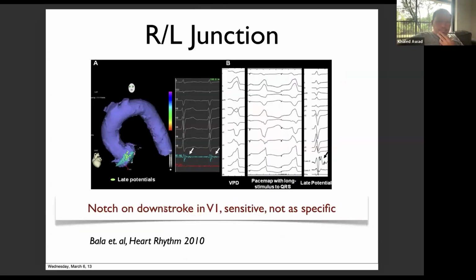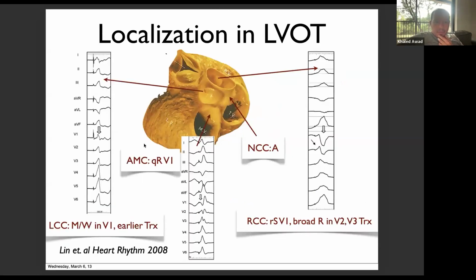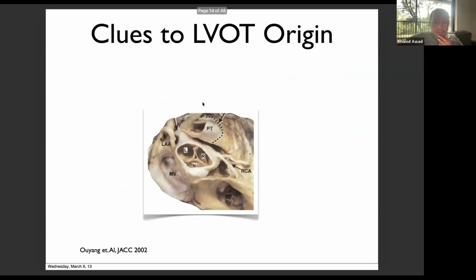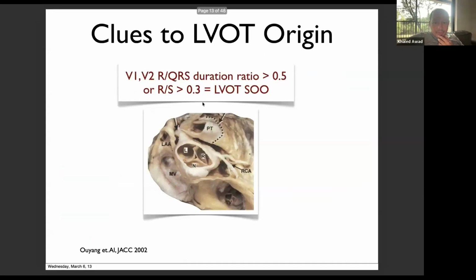Other characteristic sites: the junction of the right and left cusps. We look at that with a slightly different eye. Let me see if I can find a better picture. We could look at it here, for example.